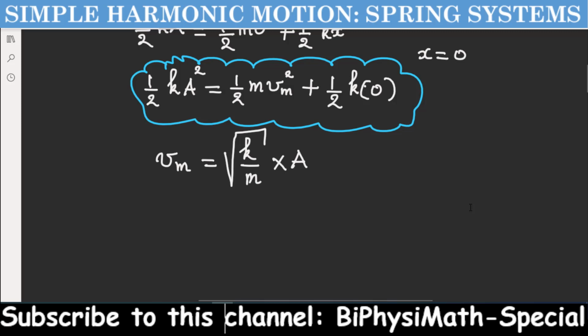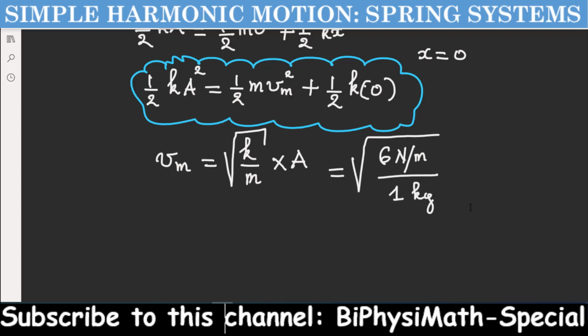Replacing, we get k is already given, mass is given, we have 6 Newton per meter over 1 kilogram times 18.0 centimeter.